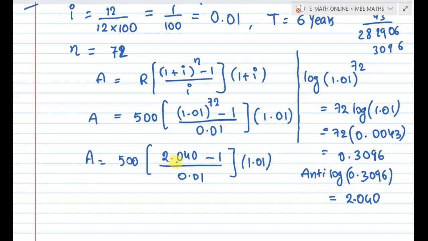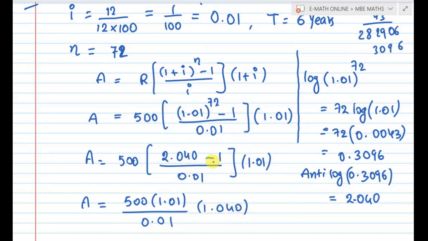Now if we subtract 1 from 2.040, we will have 500 into 1.01 and divided by 0.01, and it will be 1.040. After subtracting 1 from 2.040, we have this value.